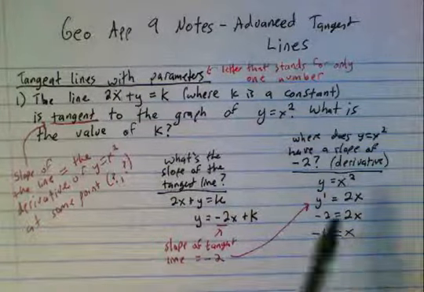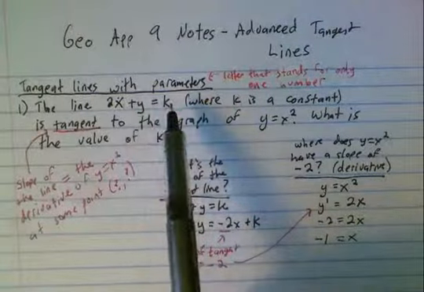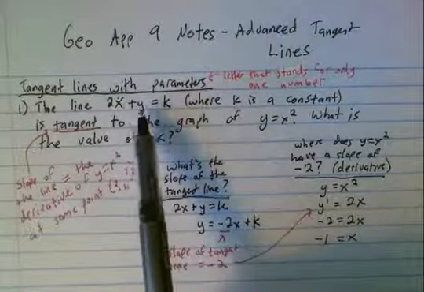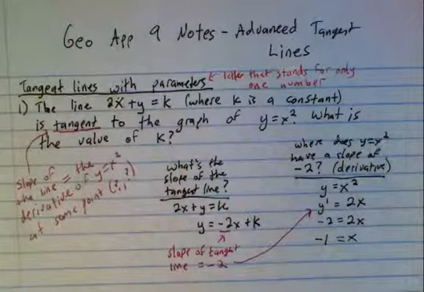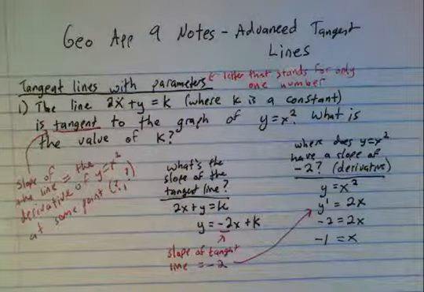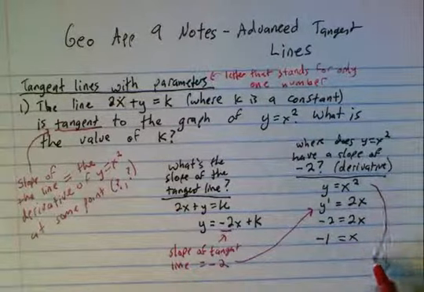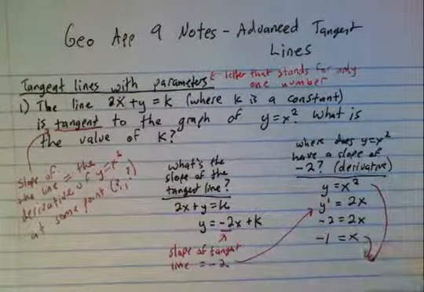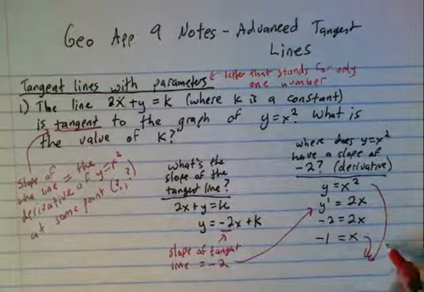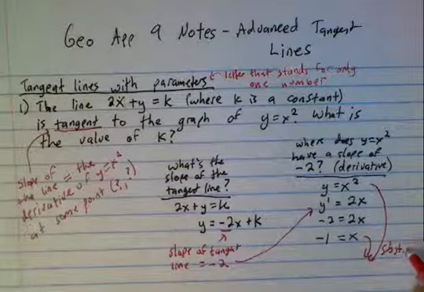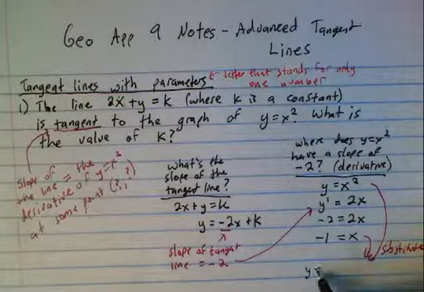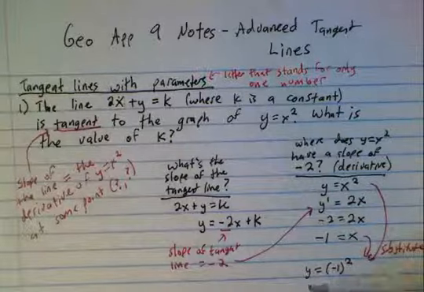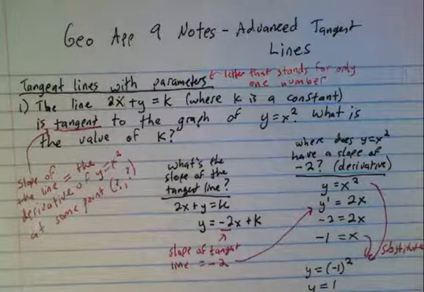Now we know x. We're trying to find k. So if we also can find out what y is, and we plug both those in, then we can solve for k. So I'm going to use this original function and substitute in, y equals negative 1 squared, y equals 1.